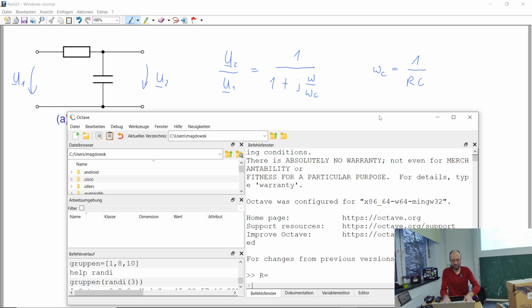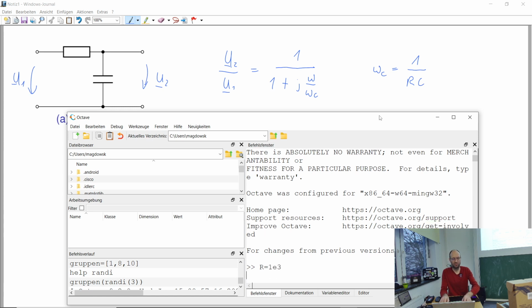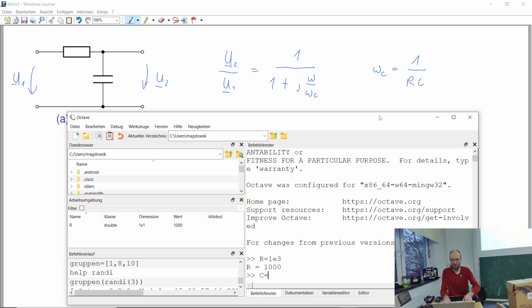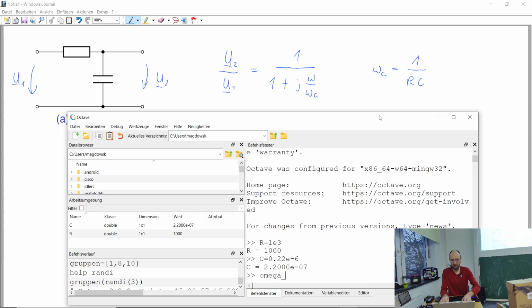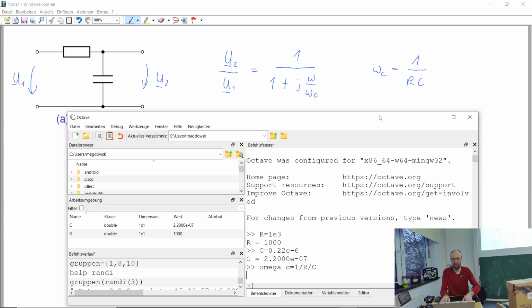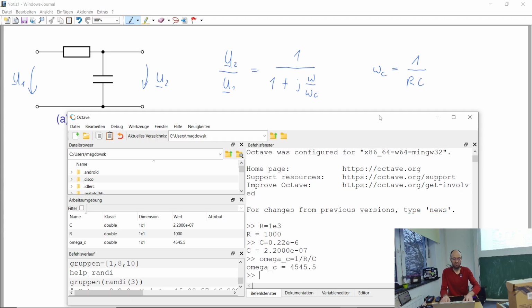The resistance, if you remember, was 1 kilo ohm. Kilo is 10 to the power of 3. The capacitance is 0.22 microfarad. Micro is 10 to the power of -6. So then we can calculate this corner frequency. Omega c is 1 divided by R times C, and we get 4,500 something 1/s. So if we want to calculate the usual frequency from this, what do we need to do?